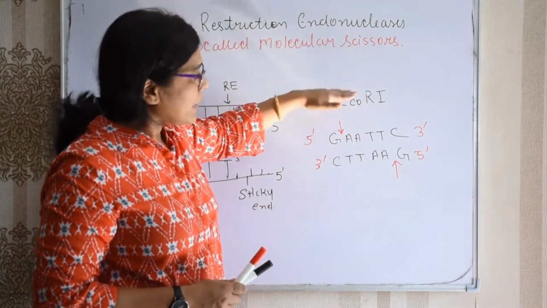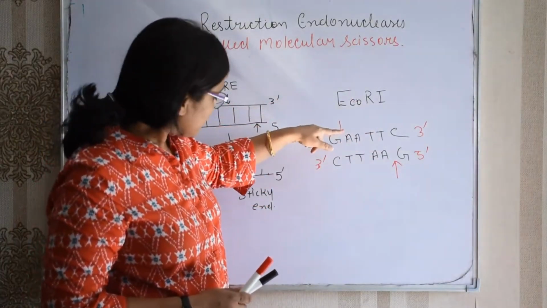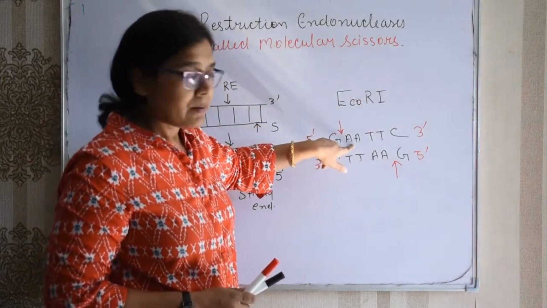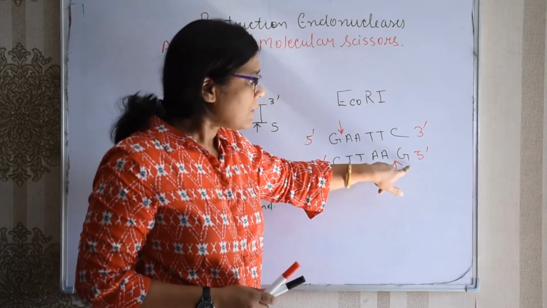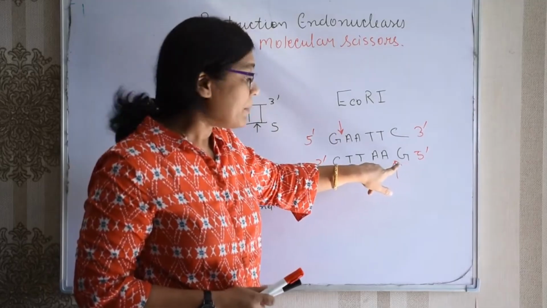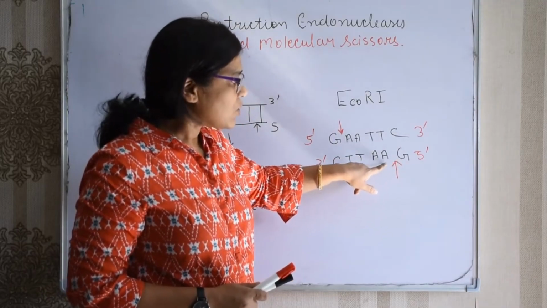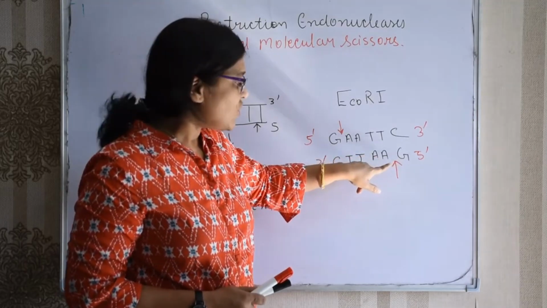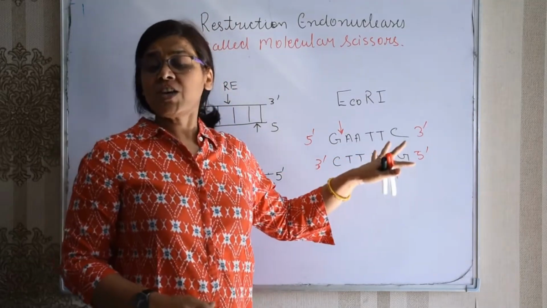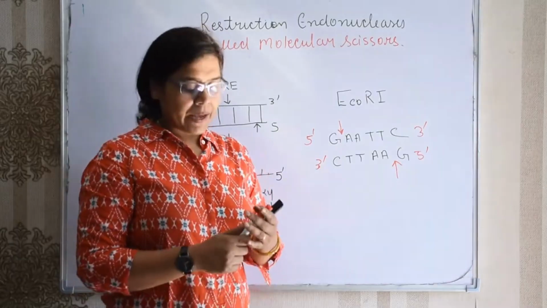So EcoR1 acts between G and A. Here also, in the complementary DNA strand, it acts between G and A.